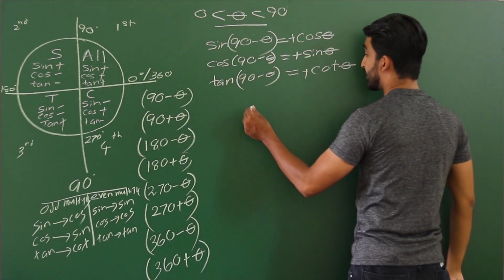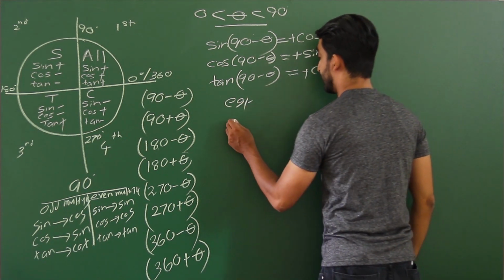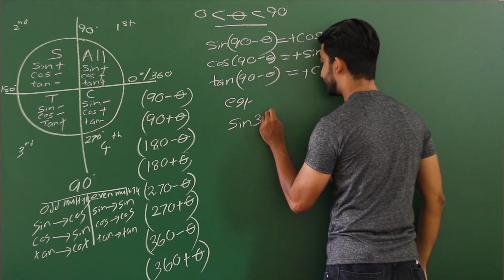So if you consider an example, let's say sine 30 degrees.